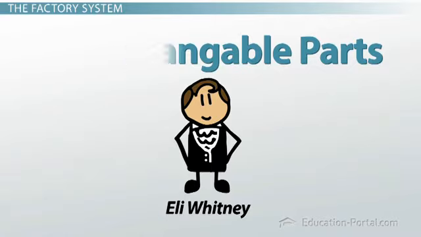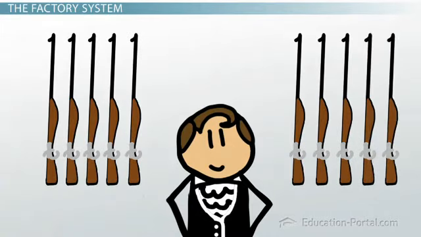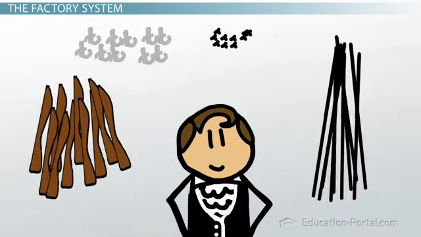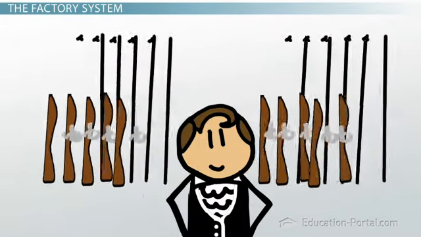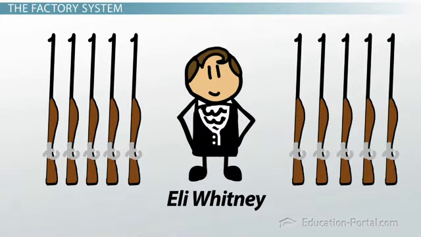Rather than each gun being hand-built from start to finish with custom parts, Whitney built 10 guns, all containing identical parts and mechanisms. Then he stood before a transfixed Congress who watched him disassemble the weapons, pile all the parts together in a heap, and then rebuild them with the interchangeable parts. Eli Whitney didn't invent the idea, but he was the first to prove its benefits in the U.S.